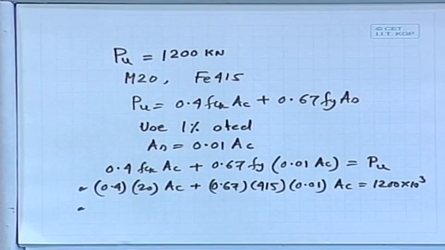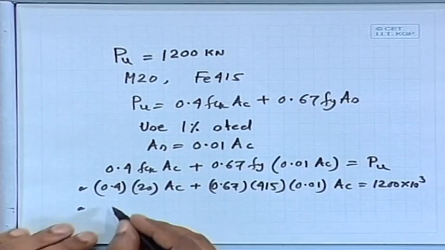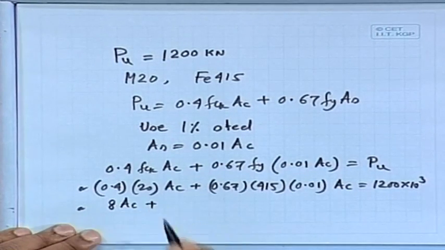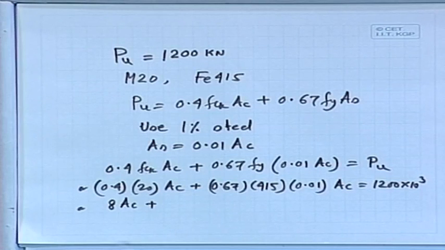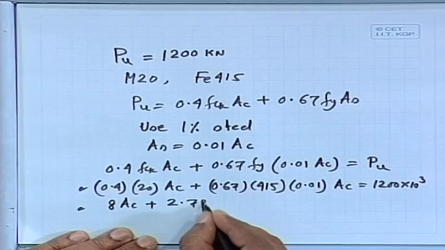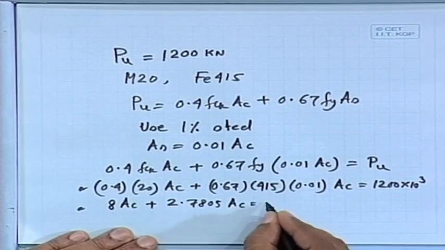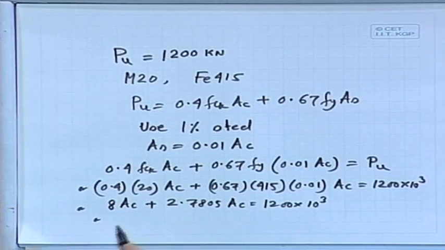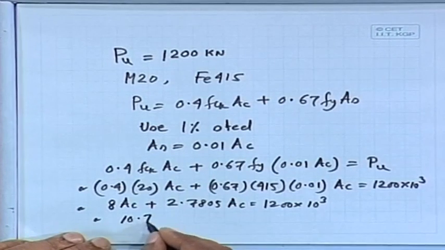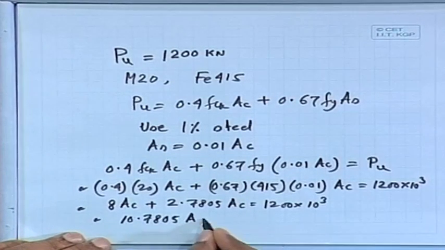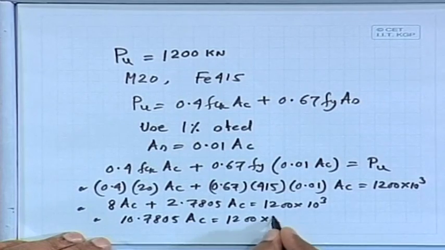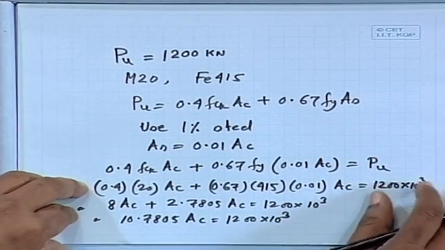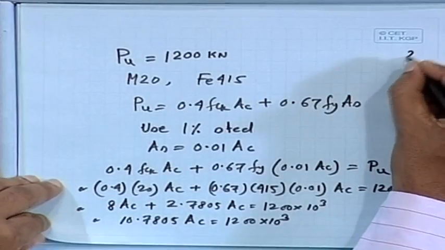Let us find out 0.4 into 20 Ac plus 0.67 times 415 times 0.01, 2.7805 Ac, equal to 1200 into 10 to the power 3, or 10.7805 Ac equal to 1200 into 10 to the power 3. So, Ac we can find out.